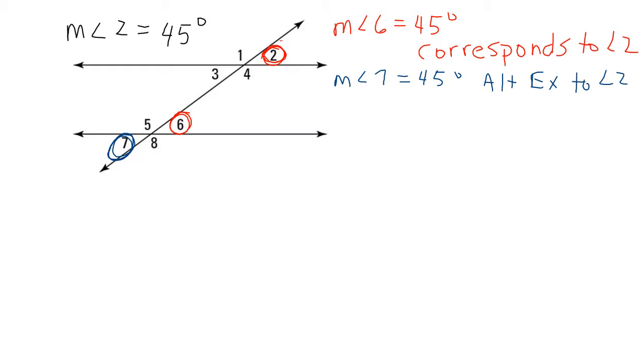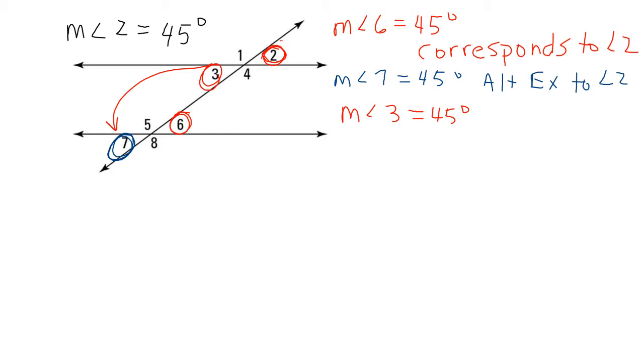Well, I've just applied the corresponding angles postulate to angle 6. I can now apply corresponding angles to angle 3 because I know angle 7. These two are corresponding angles. They're in the same location on different lines. So the measure of angle 3 is also 45 degrees.